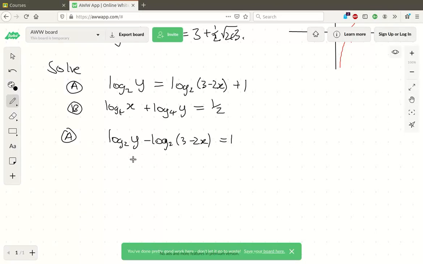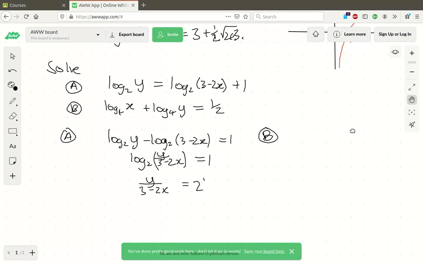And I can immediately rewrite that as log base 2 of y over 3 minus 2x equals 1. Now I can use my unwritten log law to do 2 to the power of 1 equals this. So I get y over 3 minus 2x equals 2 to the power of 1, which is just 2. Now that's great because for A, I've managed to write the whole thing without logarithms.